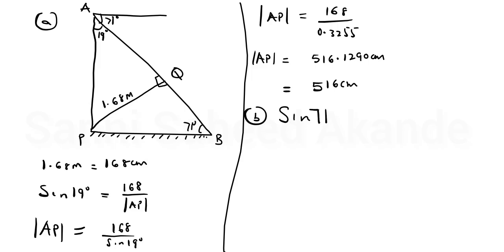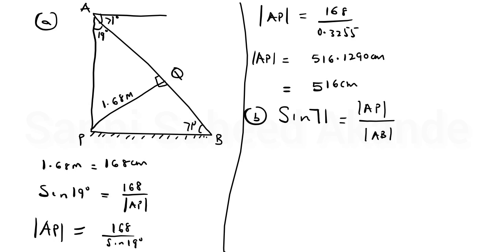So sine 71 is equal to opposite, and my opposite is side AP divided by the hypotenuse. And what is my hypotenuse? The hypotenuse is the length of the ladder, which is AB, that I am told to find.